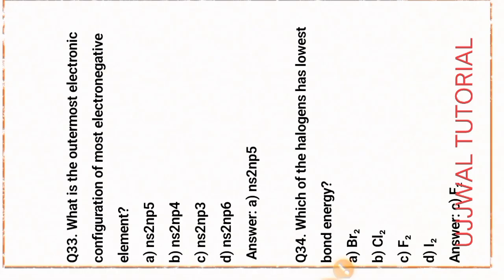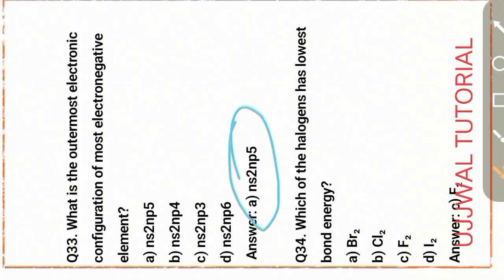Which is the outermost electronic configuration of the most electronegative element? That is option A, ns2 np5, which follows the halogen electronic configuration. Okay, that is the group 17 element electronic configuration.